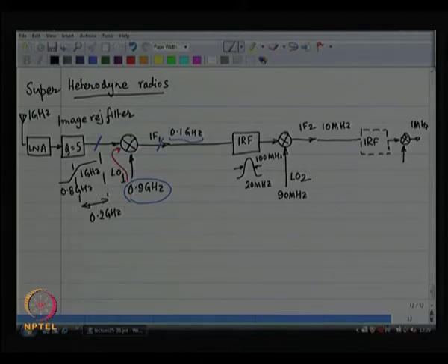This entire scheme of things, you make one heterodyne stage, you use the heterodyne stage as a building block, step by step you go down in terms of frequency. Every time you generate one local oscillator, you have a mixer and you have an image reject filter.